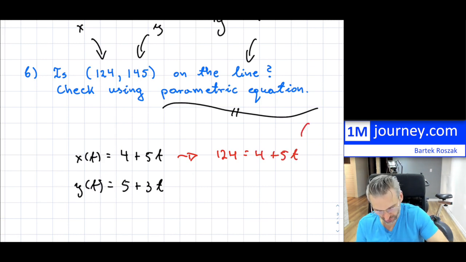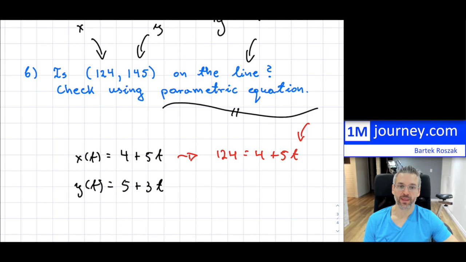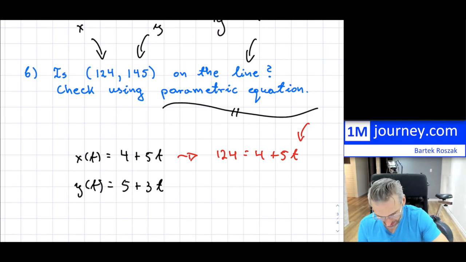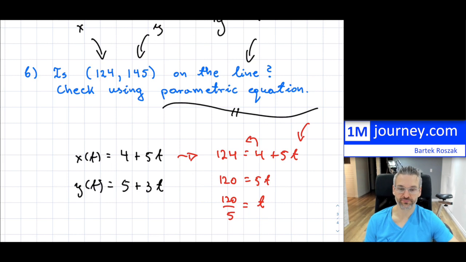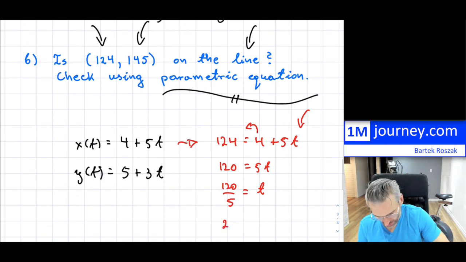I can now solve for t. If I bring this over to the other side, that's 120, equals 5t. Now divide by 5, so 120 divided by 5 equals t. I guess that's going to be 4. So 24 is equal to t.